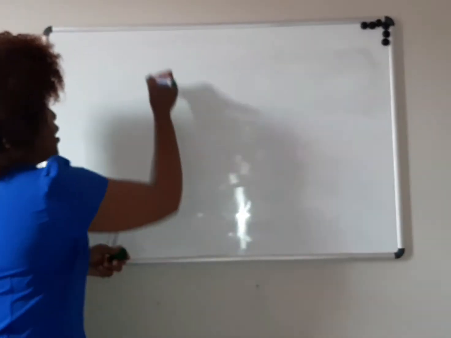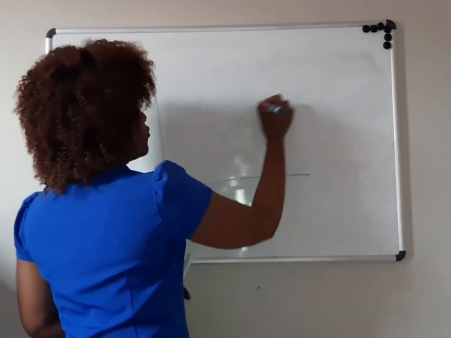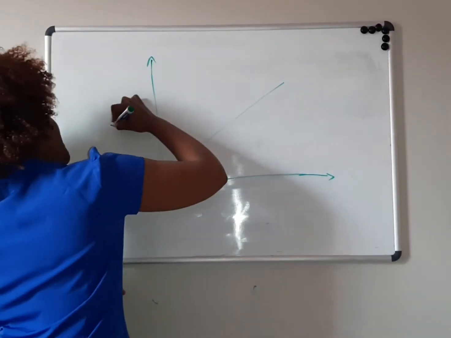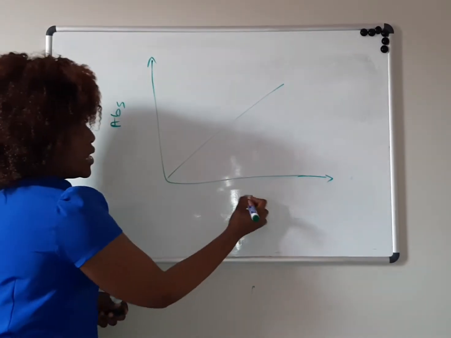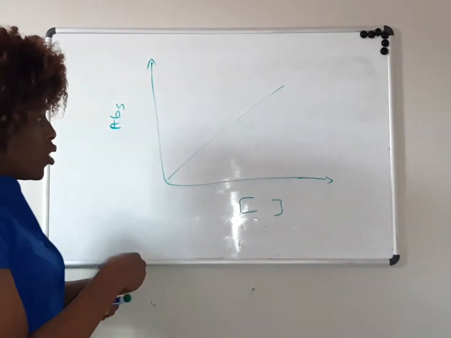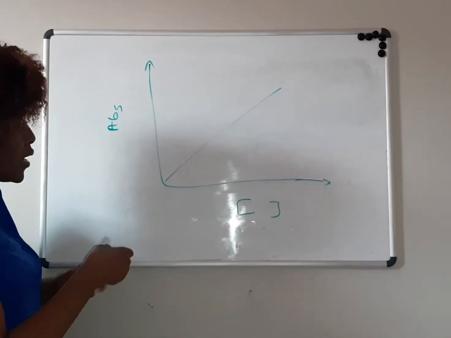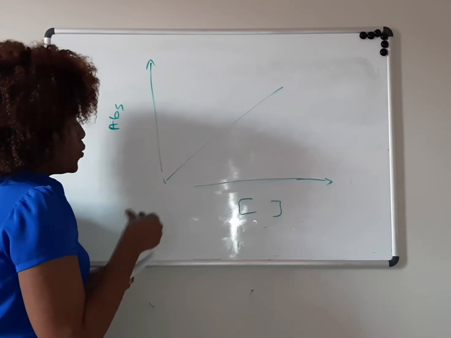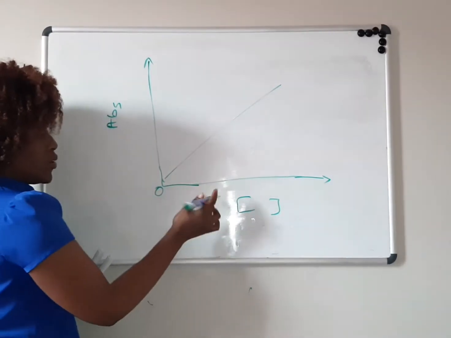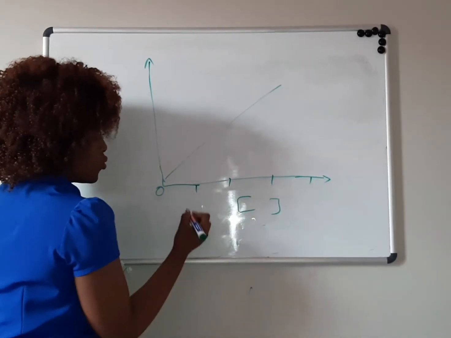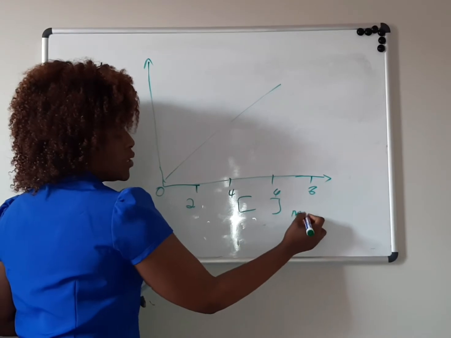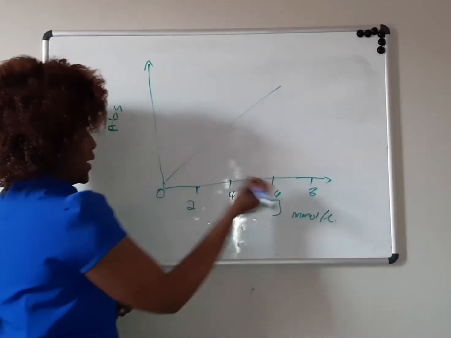Basically, this is how the graph will look. On the y-axis you'll have absorbance, and on the x-axis you'll have the concentration. Here it will be 0, then 2, 4, 6, 8, and the unit is millimoles per liter.